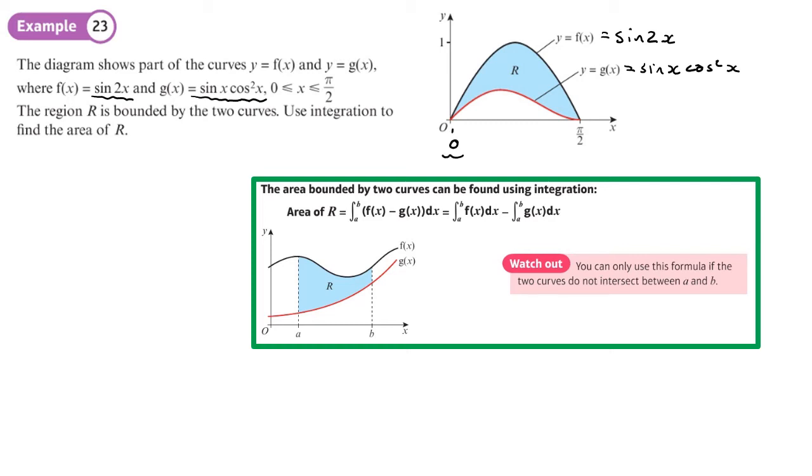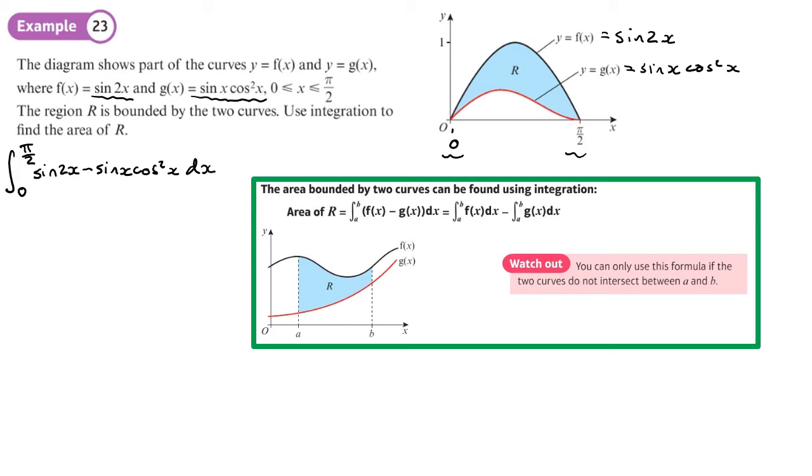I can see them here and here. So we want to integrate between 0 and pi/2. Now I'm going to subtract the functions, then integrate rather than the other way around. So the top curve minus the bottom curve, sine x cos squared x dx.